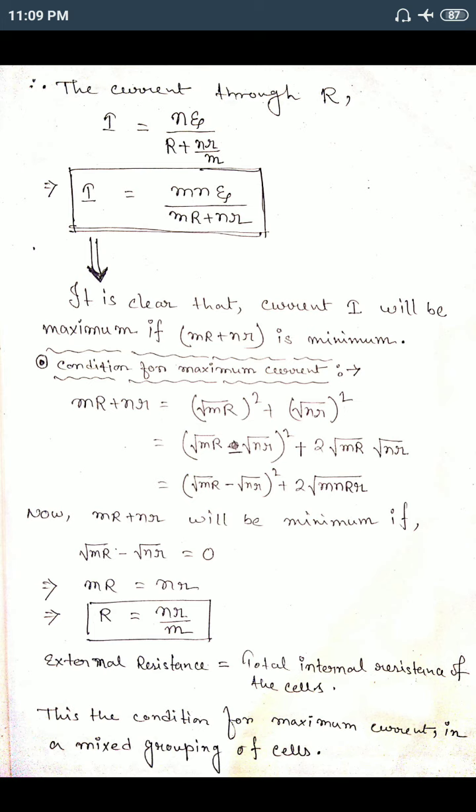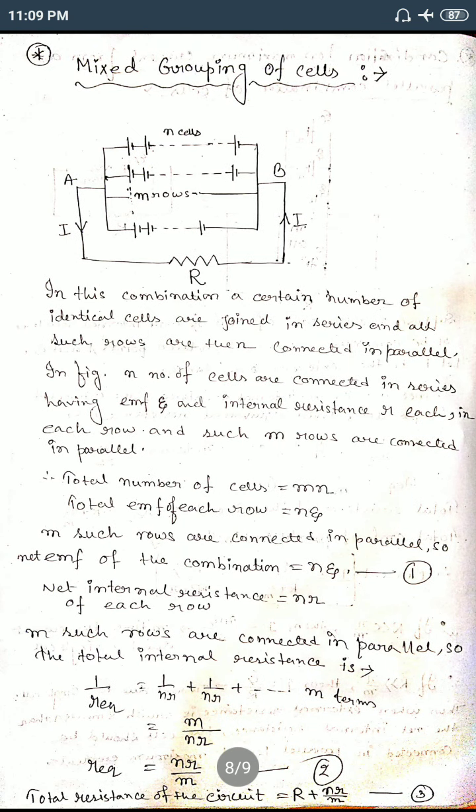So this is the condition for maximum current for this mixed grouping of cells: R equals nr by m, or external resistance is equal to the total internal resistance of the cells.